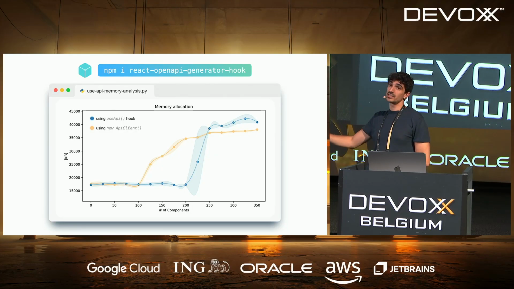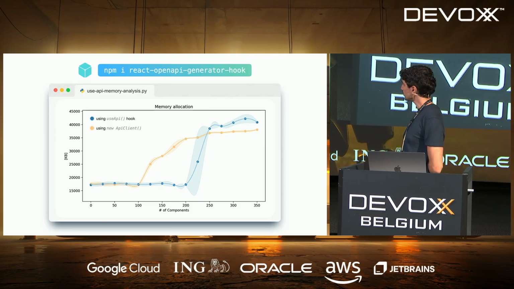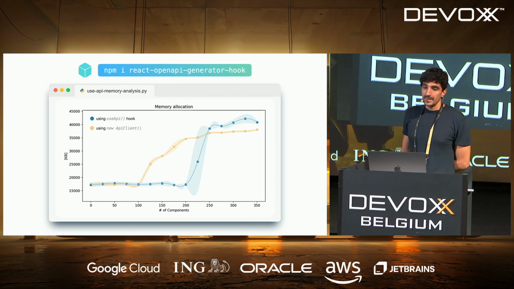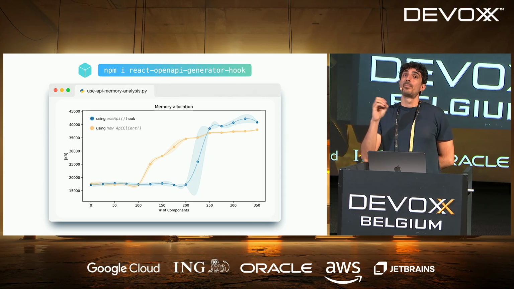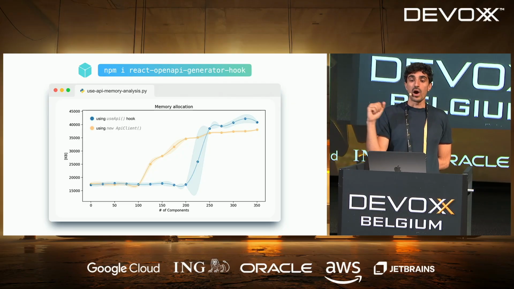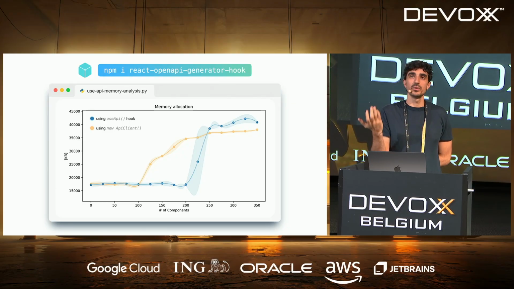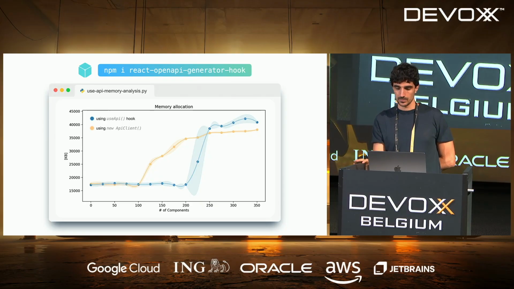And on the y-axis, you can see the memory that is allocated by such a page. The blue line represents the approach using our custom hook, all right? While the orange line represents the approach using new instances of API clients. We saw some interesting things here.